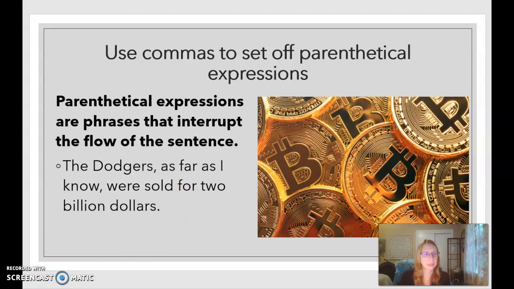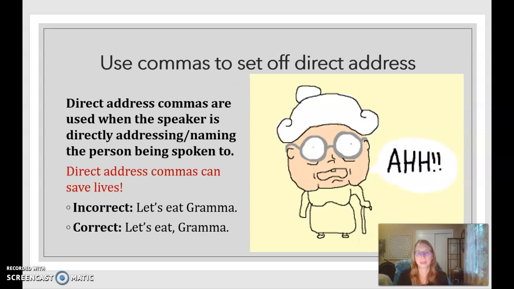Let's look next at using commas to set off direct address. Now the direct address comma is very important because it can actually save lives. You can see here in the example below that if we forget to put the direct address comma in, which is addressing the person being spoken to, it can completely convolute the meaning.